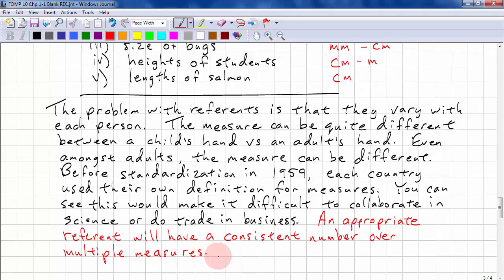So if you're measuring the height of the horse with hands, you better get 17 each time if that's the height of the horse. If you get 17, 16, 18, that's not a very good referent.